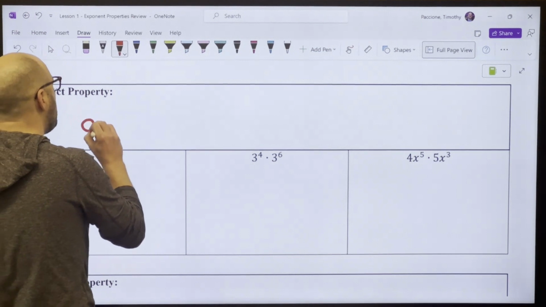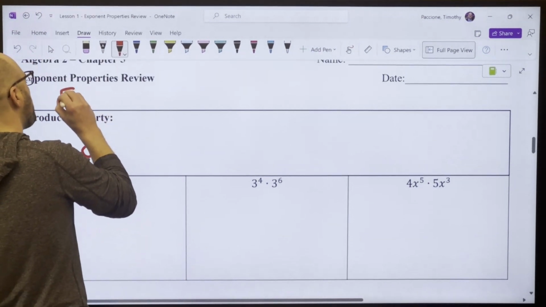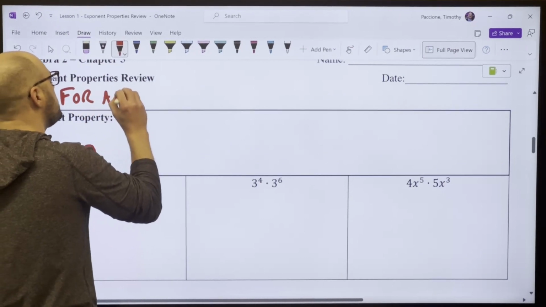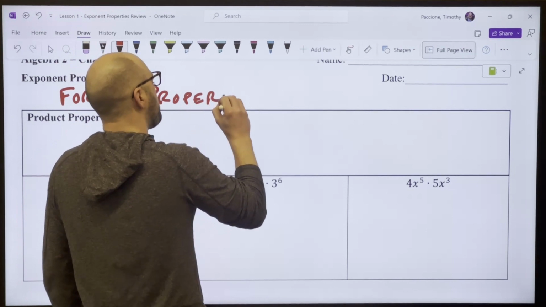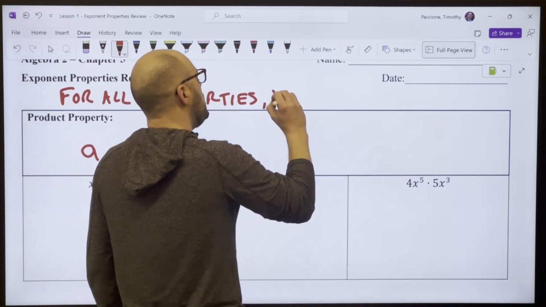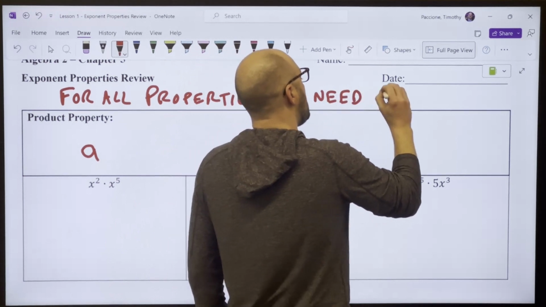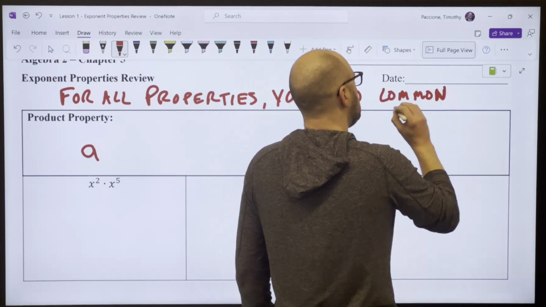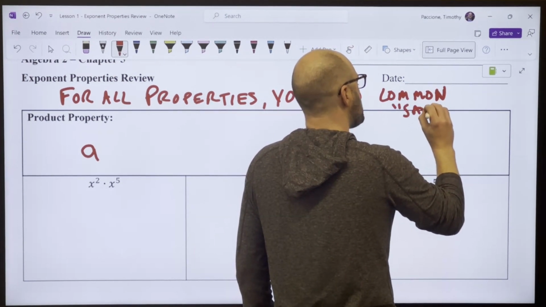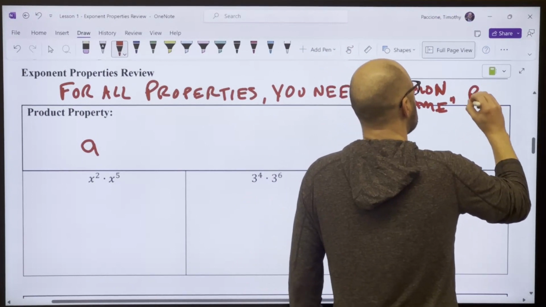So that's if you have, I forgot. For any of these properties, write this at the top. For all properties, you need common, which means the same, base.